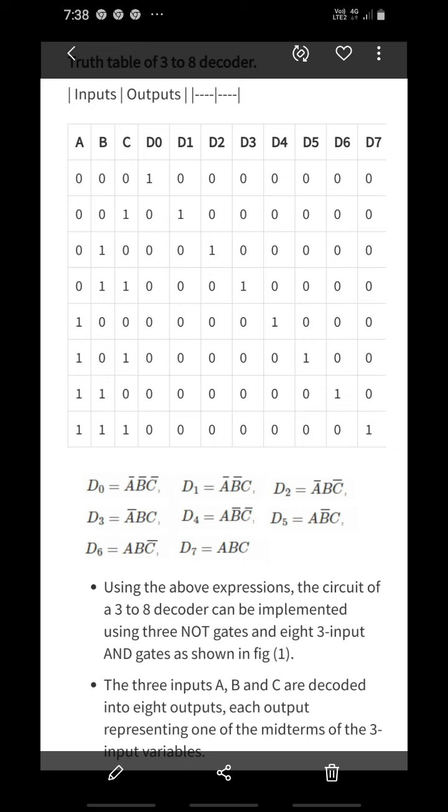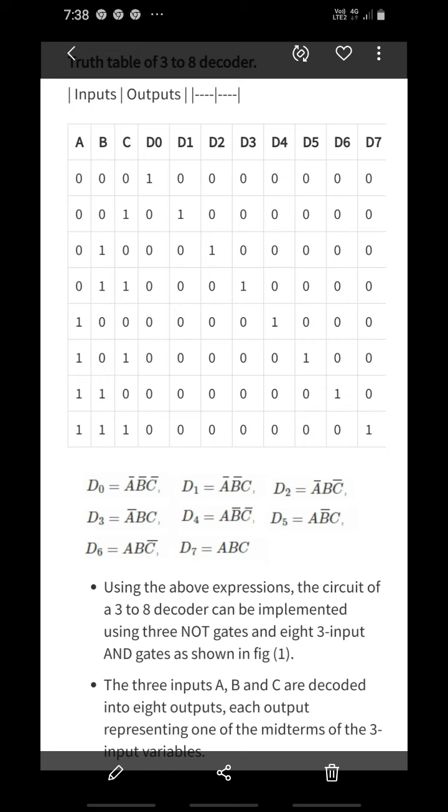In this standard form, 0 is a complement and 1 is uncomplemented. So D0 is equal to A bar, B bar, C bar, since 0 means complemented. And next, D1 is equal to A bar, B bar, C.